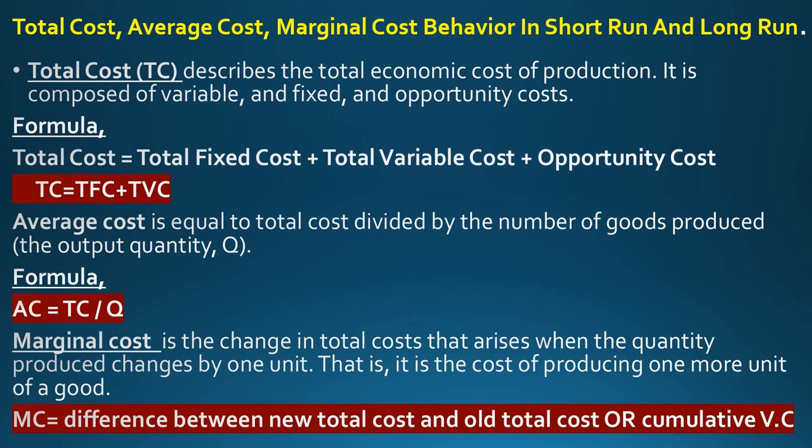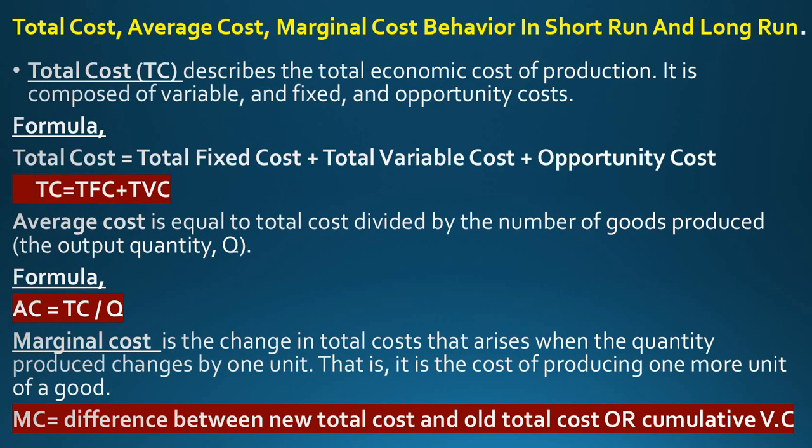Next is marginal cost. Marginal cost is the change in the total cost that arises when the quantity produced changes by 1 unit. That is the cost of producing one more unit of a good.